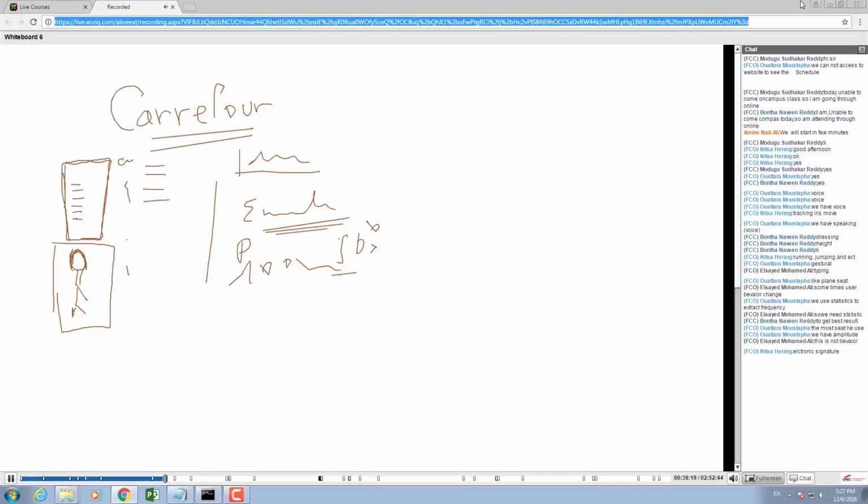Basically, you have to extract the shape of the body and the way he's walking, because if you are using a video, it will be a sequence, right? A sequence, so you will have many frames.